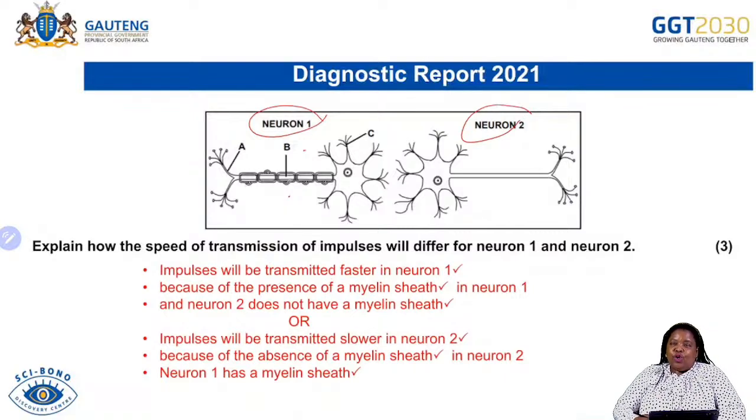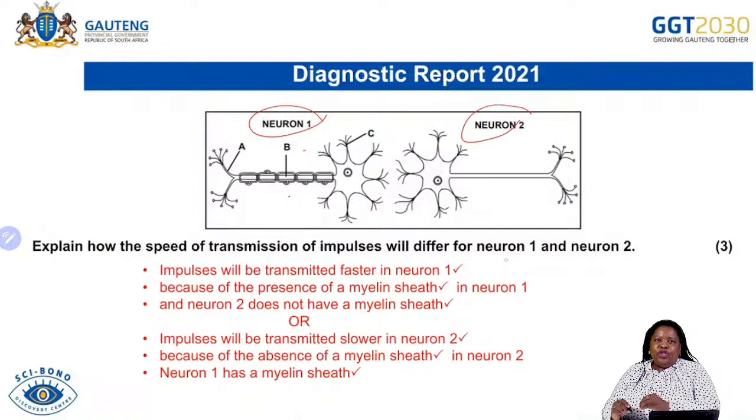Neuron 1 has got a myelin sheath, and neuron 2 does not have a myelin sheath. Remember, you need to talk about the two, because you are looking at the differences between the two. So in your response, you need to respond to neuron 1 and compare it to neuron 2.